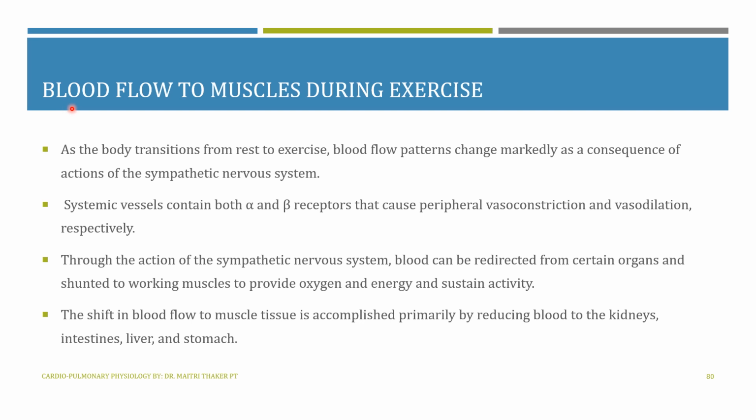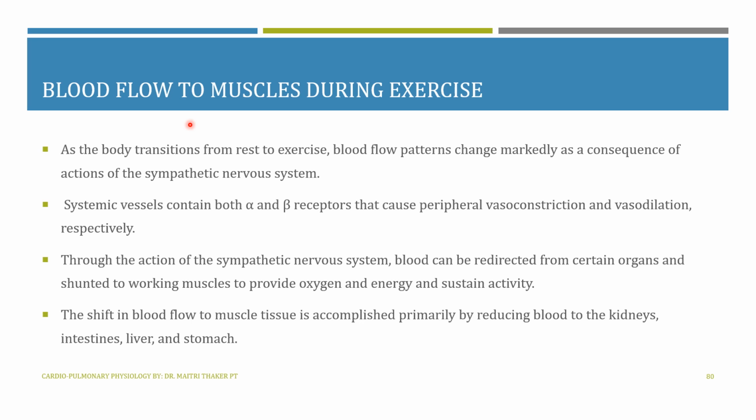Now let's understand blood flow to muscles during exercise. As the body transitions from rest to exercise, the blood flow pattern will change as a consequence of the actions of the sympathetic nervous system. The vessels contain both alpha receptors and beta receptors.